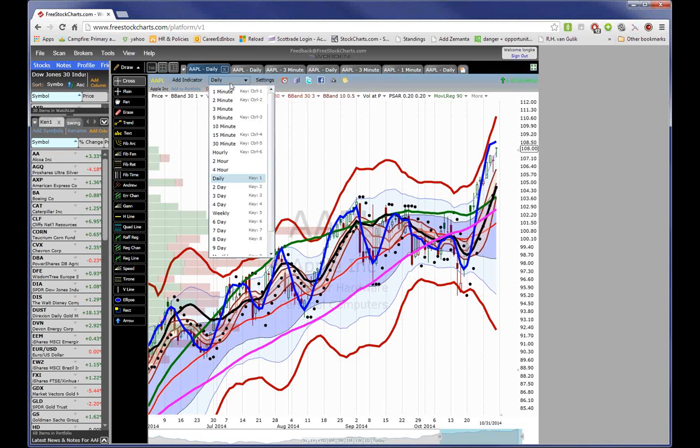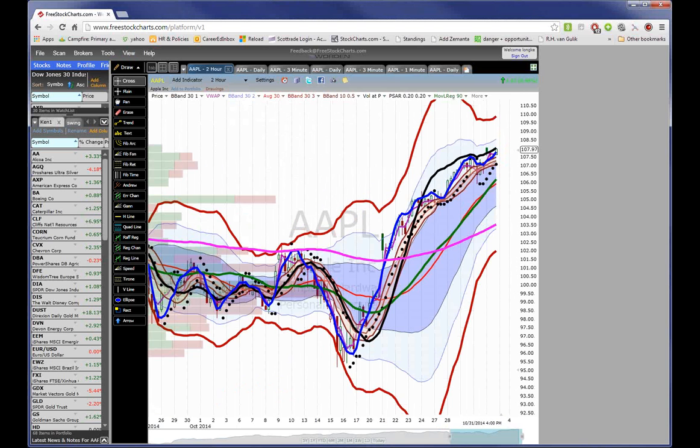Since we're talking swing, let's go take a look. We're going to dial down to the 2 hour and see what we can see.